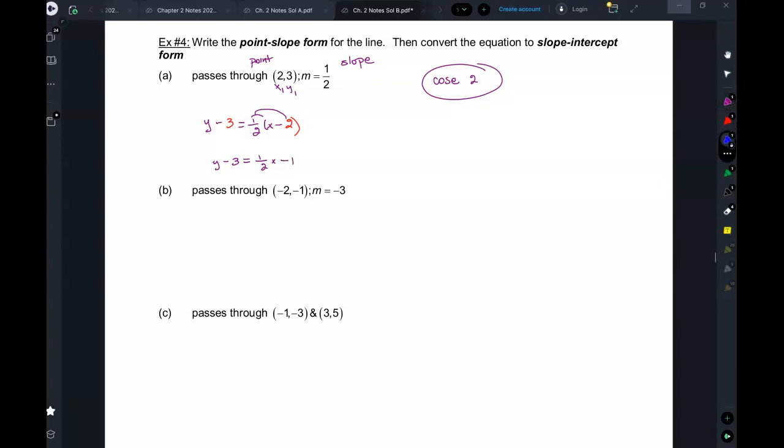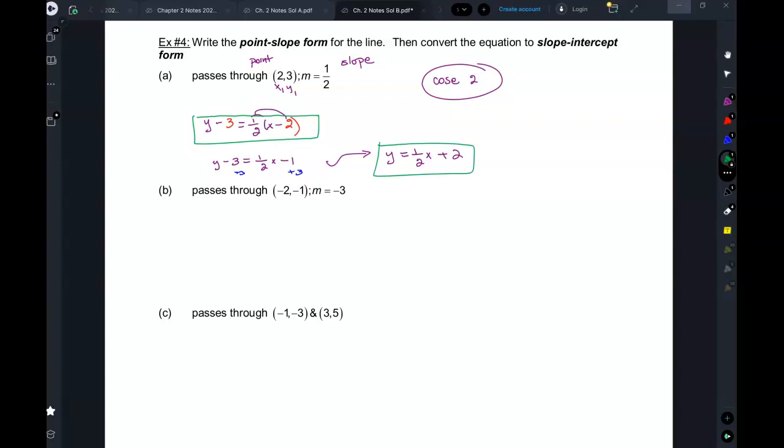Then I'm going to add 3 to both. So I get y equals half x plus 2. Okay, here's one answer. Here's another answer.